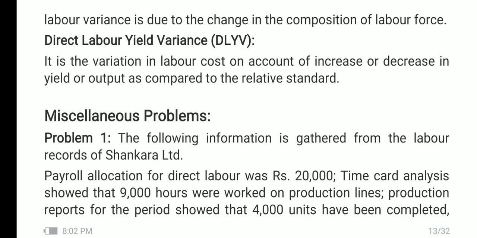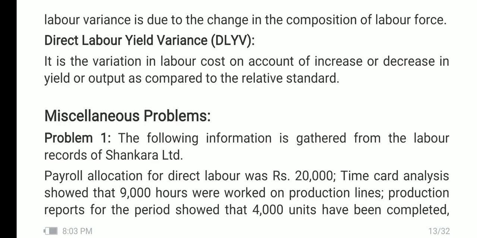Here the data are not readily available. Some are readily available, some information is missing. Now, let us consider the data given. The following information is gathered from the labor records of Shankara Limited.